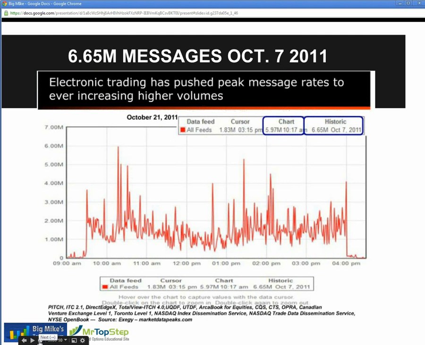But here's the thing. Back on October 21st, 2011, in a one-minute period, they sent 6.65 million messages. It was a record, and what this tells me is that things have gotten out of hand.